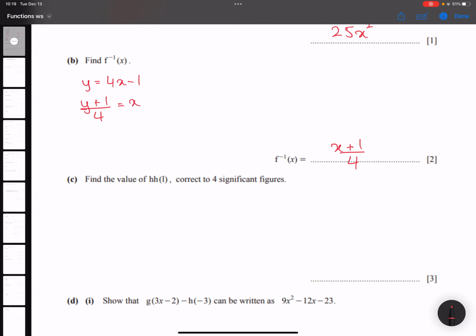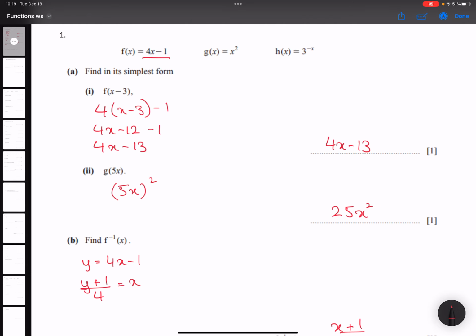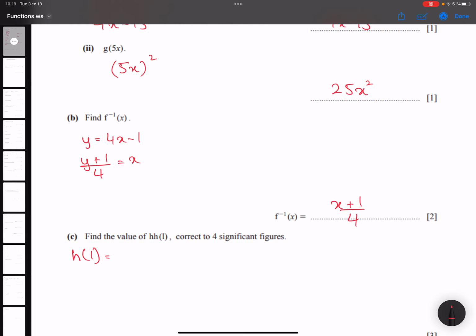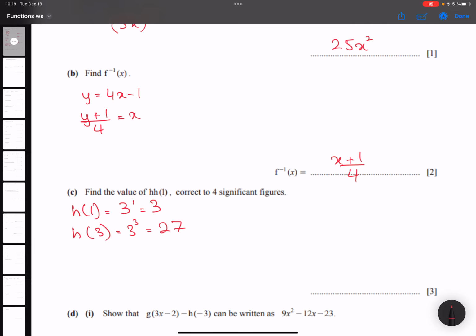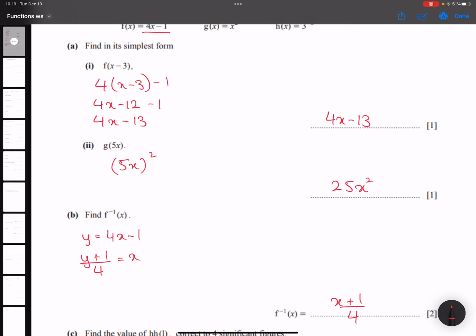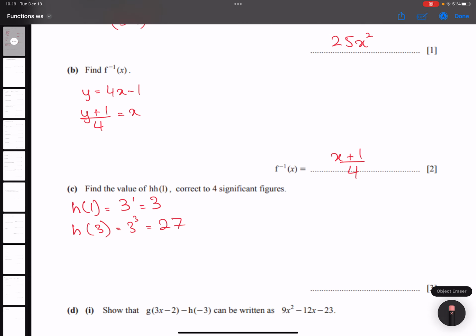Find h of h of h of 1. So you start by finding h of 1 first, and h of 1 is 3 to the power of minus 1. So 3 to the power of 1, which is 3. Then h of 3 will be 3 to the power of 3, which is 27. Okay, wait a minute, it's a negative x, so my bad. I'm going to start again.